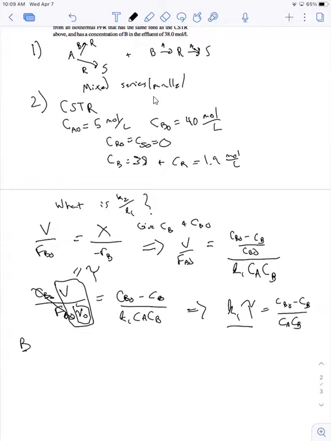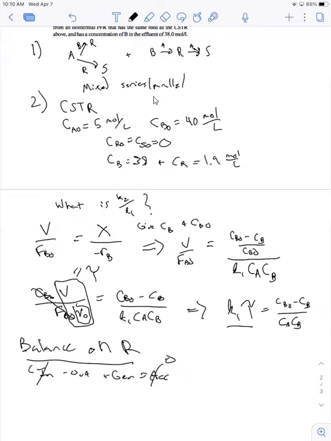So then we can move on to our balance on R. For this one, we have in minus out plus generation equals accumulation, which is 0.